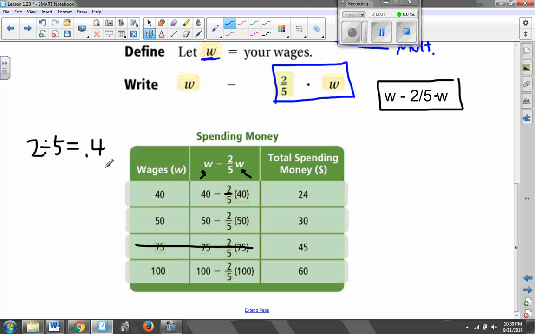So we can just multiply 0.4 by 40, 0.4 by 50, 0.4 by 100. And then that should make that multiplication easier, and then we can just multiply and subtract. And we can see that when we do it with $40, we're left with 24 to spend. If we have $50 in wages and we take 2/5, we're left with 30. And if we evaluate for $100 in wages, we're left with 60.